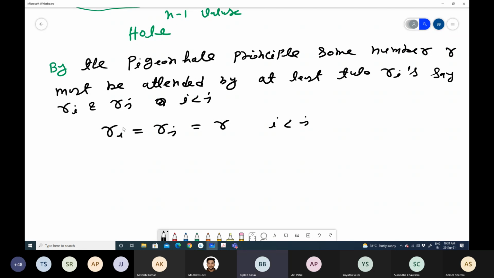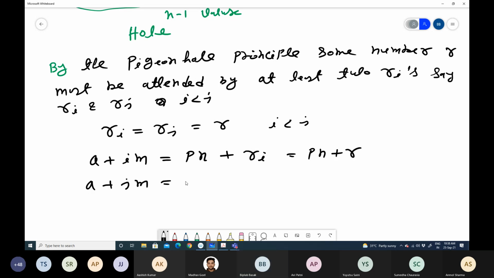So what does it mean? That means a plus im is some pn plus ri, which is pn plus r, and a plus jm is some qn plus rj, which is qn plus r. They are the same.